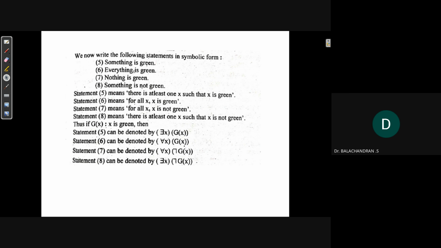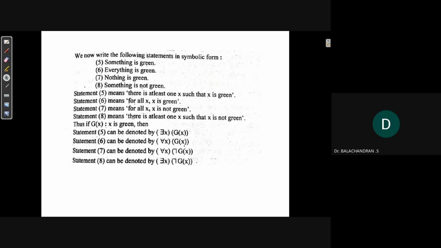Again, the sixth one, everything is green, means for all x, G(x). G(x) means x is green. Again, the seventh, nothing is green: for all x, x is not green. Next, the eighth: something is not green.